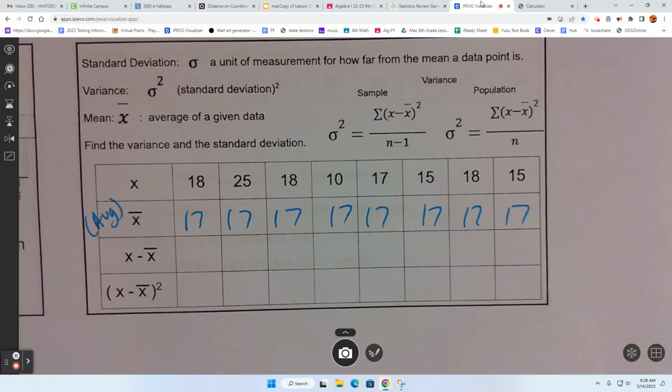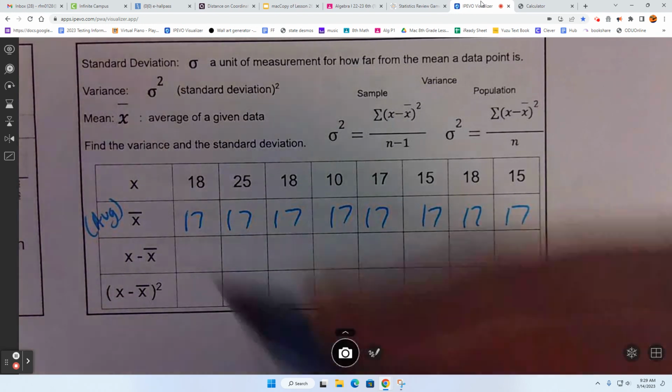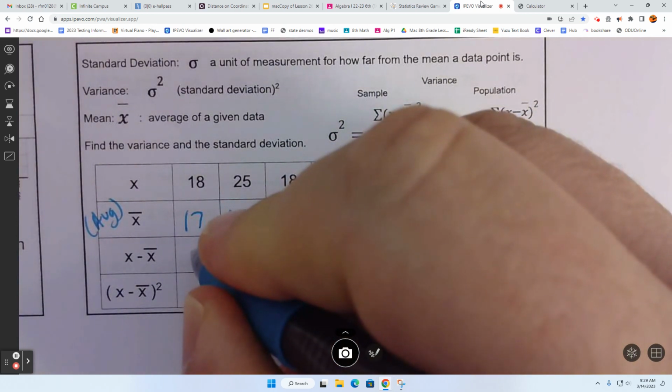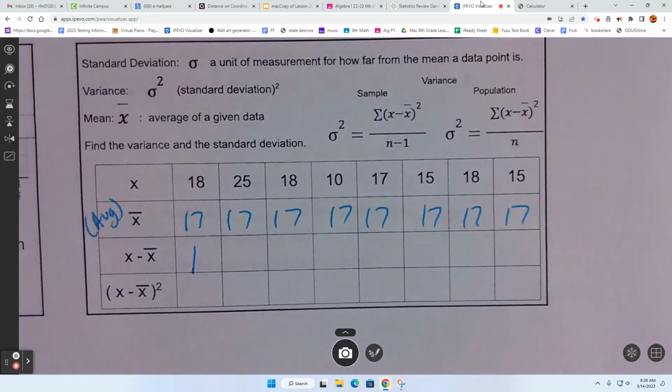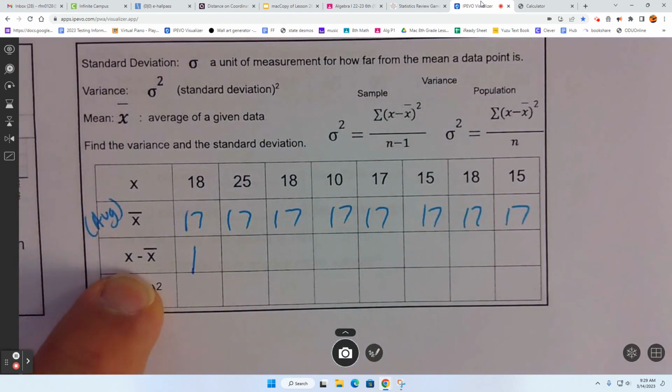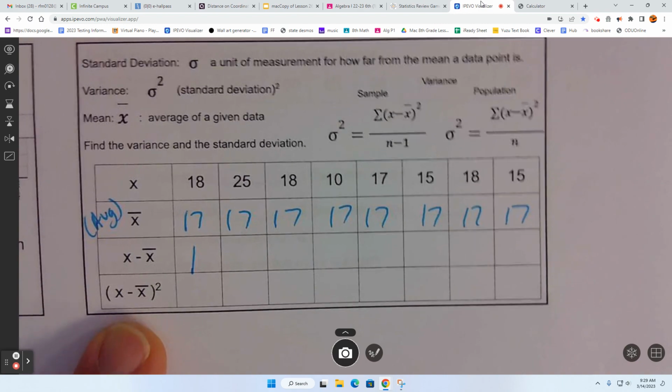So now I need to know the difference between the mean and the point. So 1. And this doesn't say to make it positive, right? But once I square that number, what's going to happen to it? It's going to be positive.